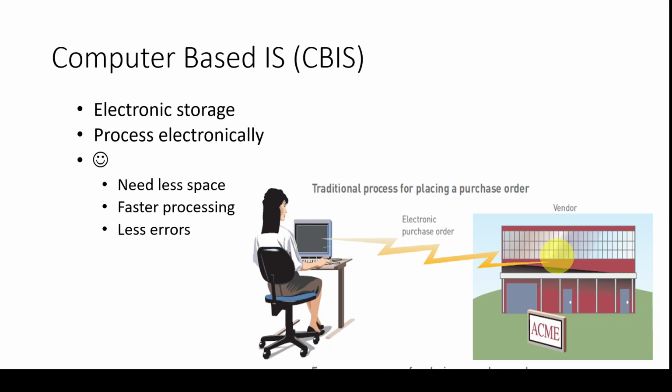So in computer-based information systems, we use computers or computer systems. Now the data is stored electronically, or if it is permanent storage, sometimes we use magnetism as well. And it's processed electronically as well. It goes through logic gates, or we call them transistors, which can act like logic gates, and it gets processed.